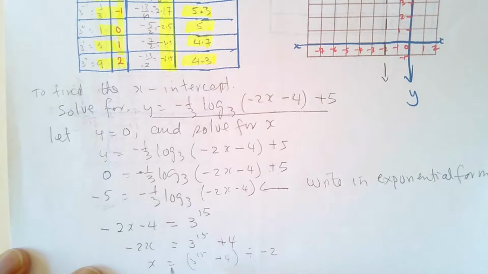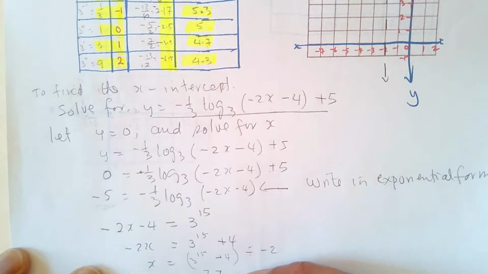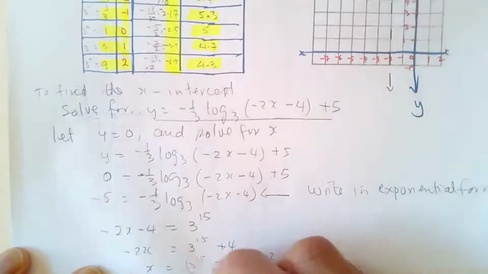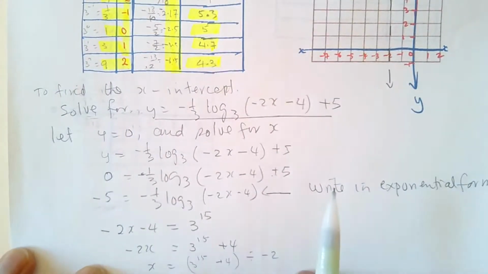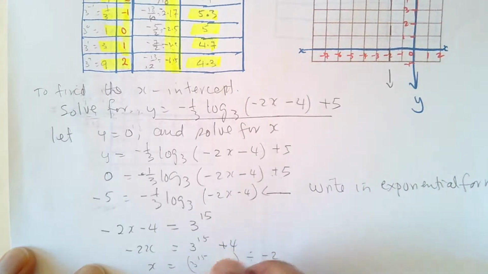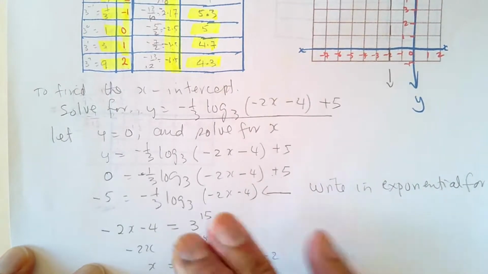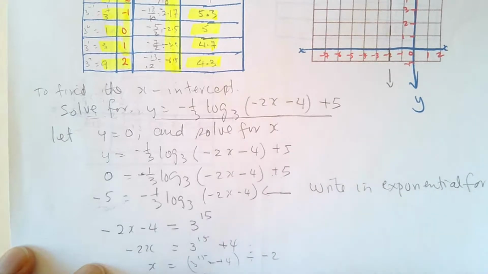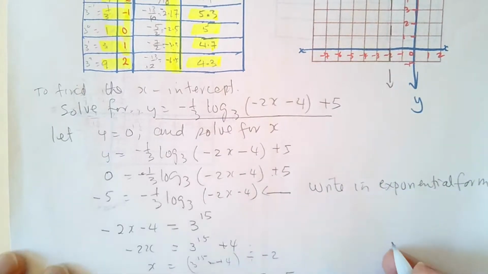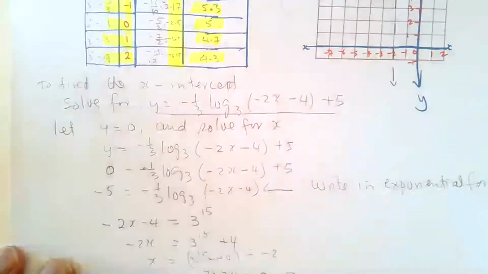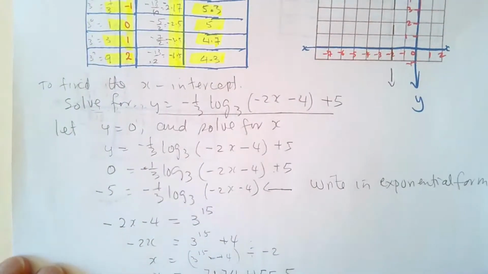Do your wonderful calculation. Oh my, it's a huge number. Looking at my calculator here, negative 7,174,455.5. Now, it's a long way to go for your x-intercept.